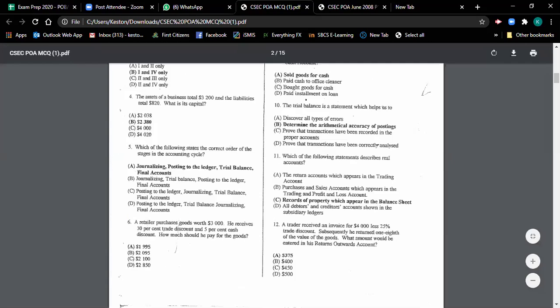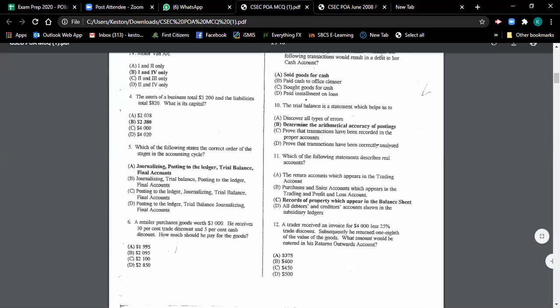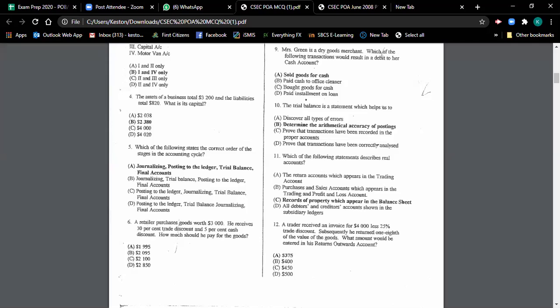6. A retailer purchases goods with 3,000. He receives 30% trade discount and 5% cash discount. How much should he pay for the goods? So you get the goods for 3,000, getting a 30% trade, and then a 5% cash.